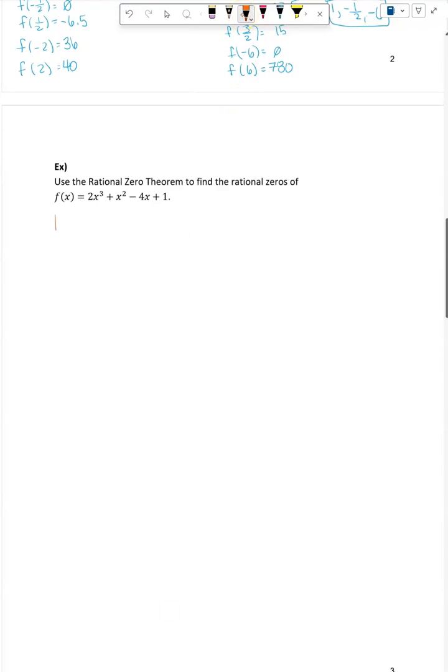On this one, our p is 1 and our q is 2. So we have plus or minus 1 for p, and plus or minus 1 and plus or minus 2 for q. So p over q is plus or minus 1 and plus or minus 1/2, right? 1 over 1 and 1 over 2.